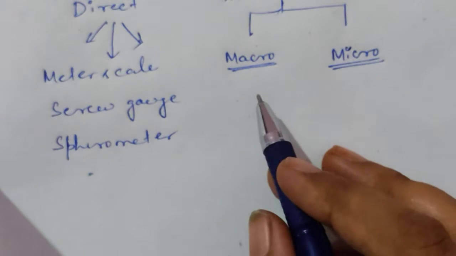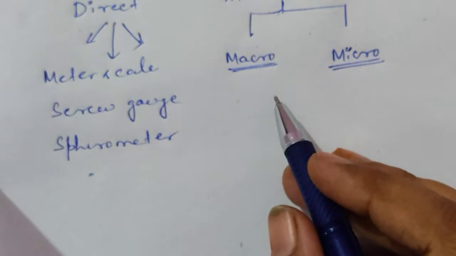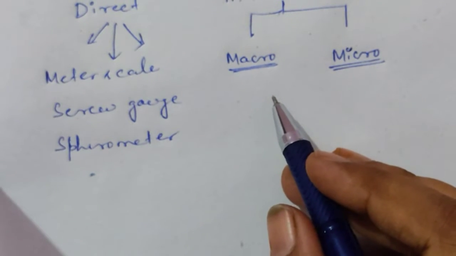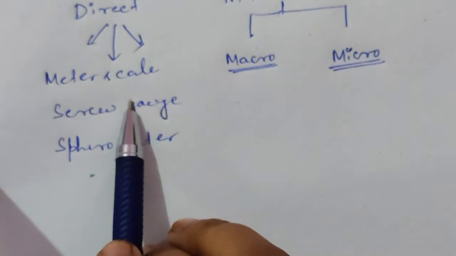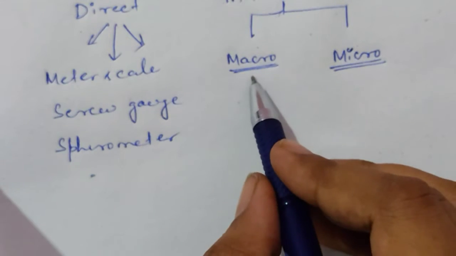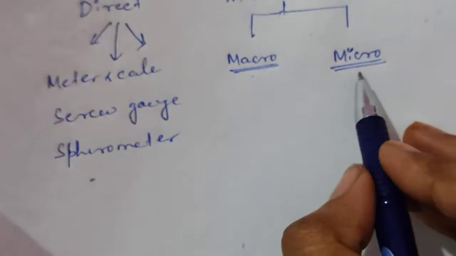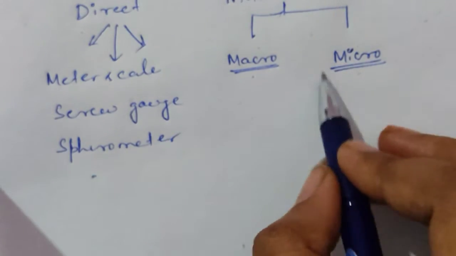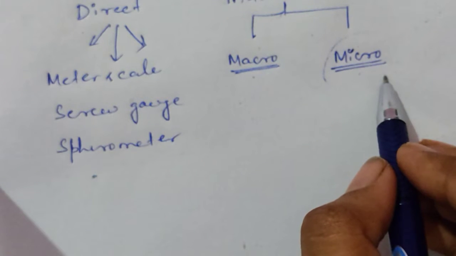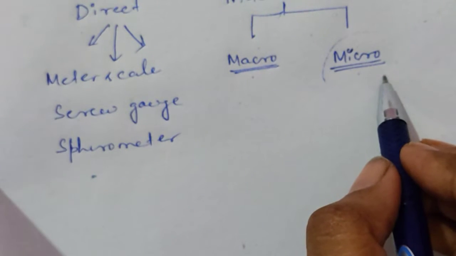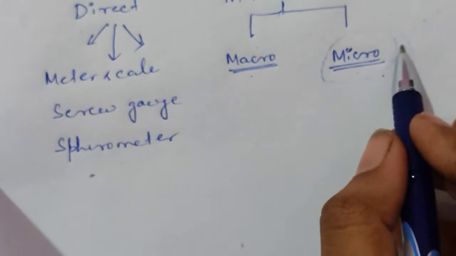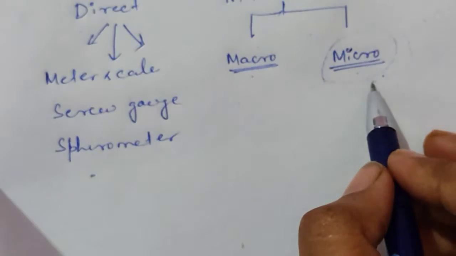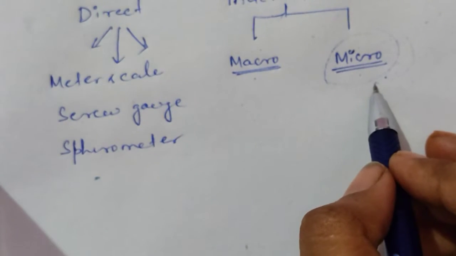Macro distances are lesser than the distances that can be measured by the direct method, and they are greater than the micro distances. A micro distance is something very small; we can take the size of an atom as well, which goes under this group, that is micro distance.